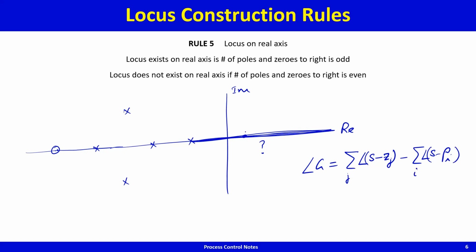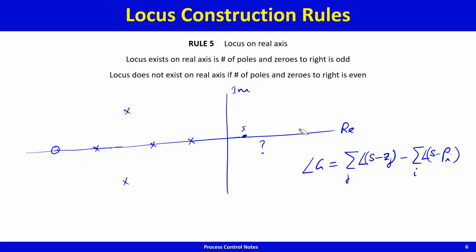And my candidate S was over here, so angle of S minus Zj is 0, angle of S minus Pi is also 0, all the poles are right. So clearly for any point on this side, the angle of G is 0, which is not an odd multiple of pi. Therefore locus does not exist here.